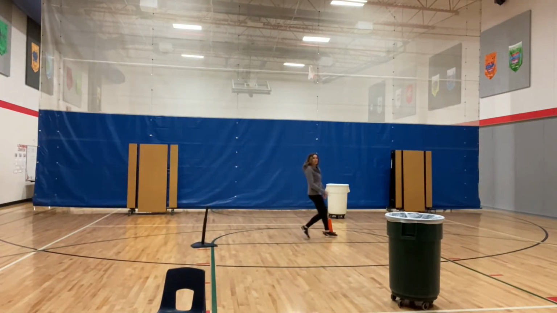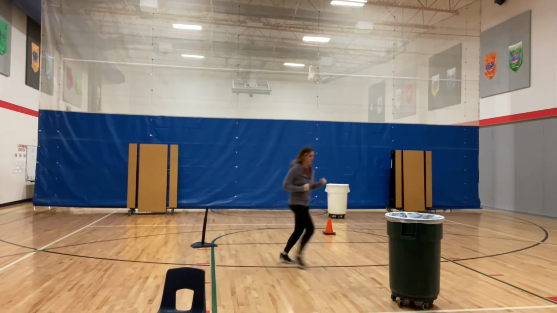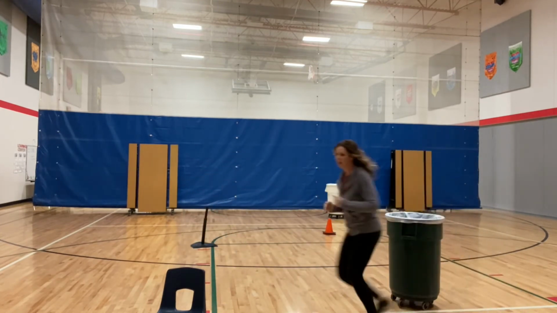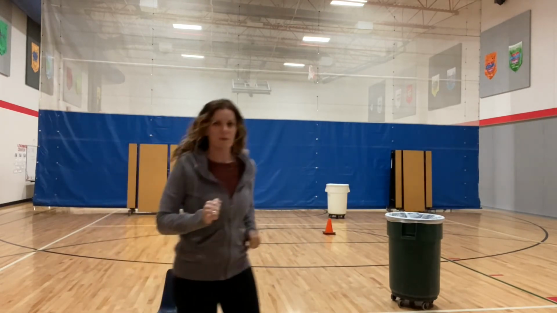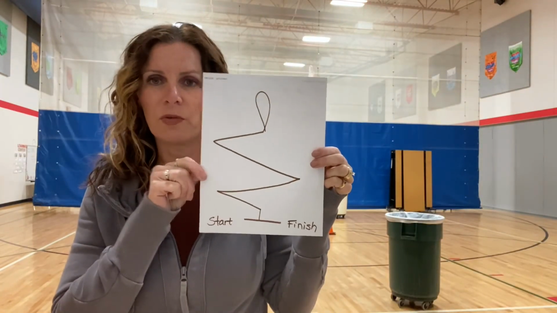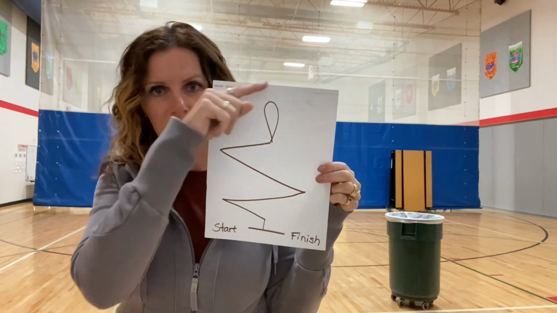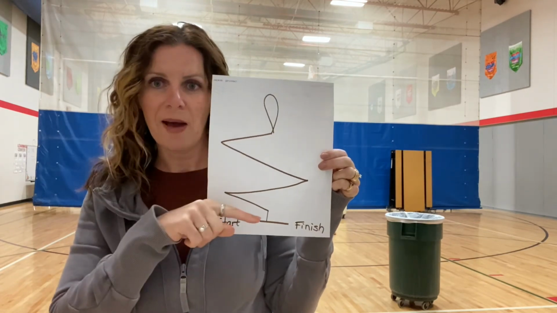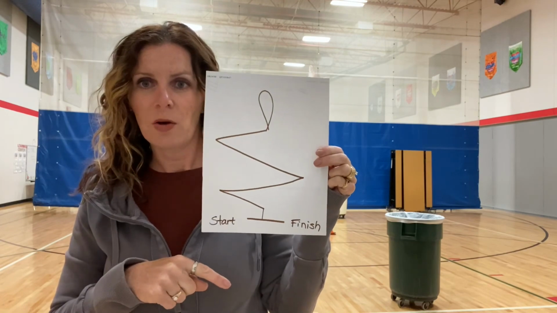When I get here, I'm gonna go straight and loop around, and then all the way back to my start finish line. All right, so find your 7 objects. See if you can set up your own little zigzag course that you're gonna loop around and head all the way back. And then we will get going.